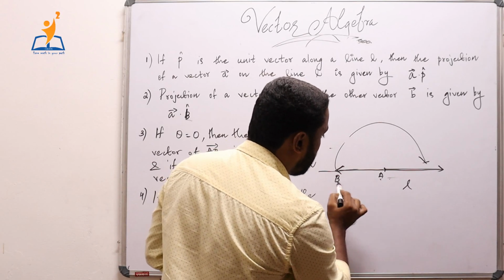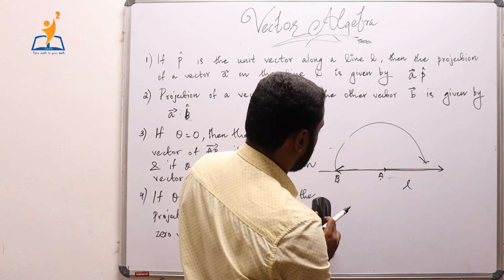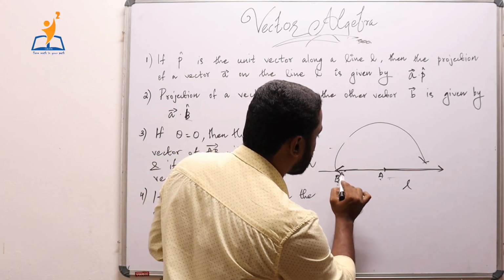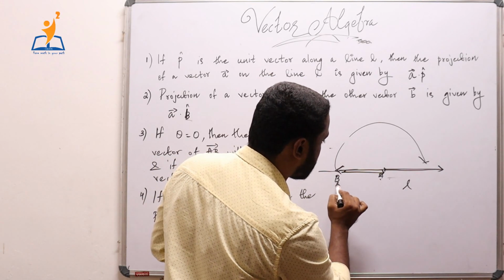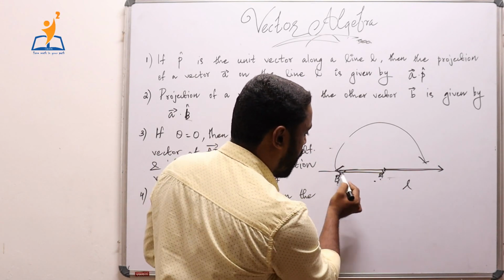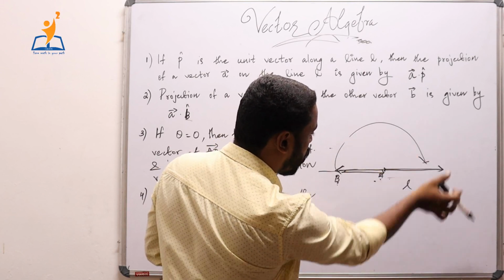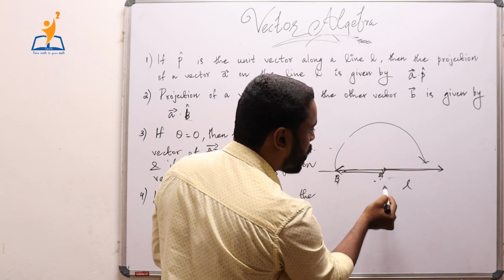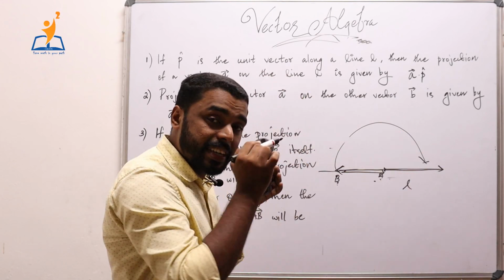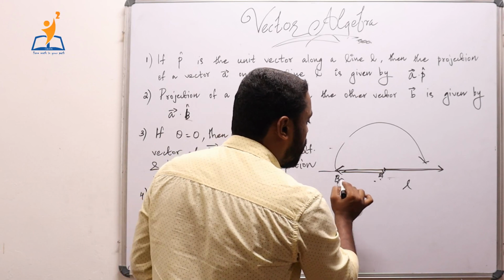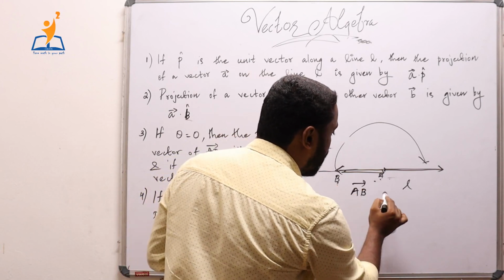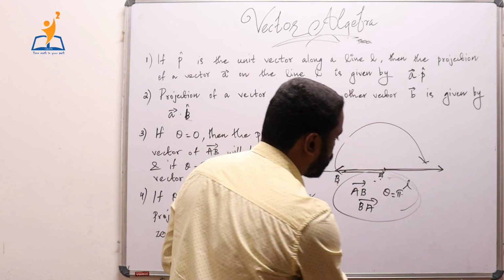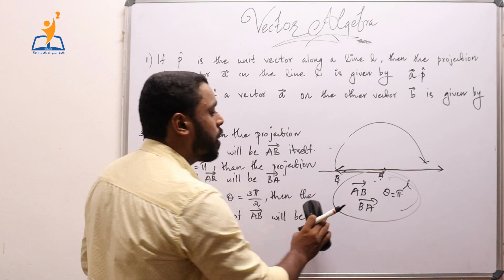So AB will become BA. The projection will be in this direction and this direction is nothing but BA. So the initial point comes to the terminal point and the terminal point comes to the initial point, or the direction gets reversed, which means that the projection of AB when theta is equal to pi is nothing but BA. Always remember this.